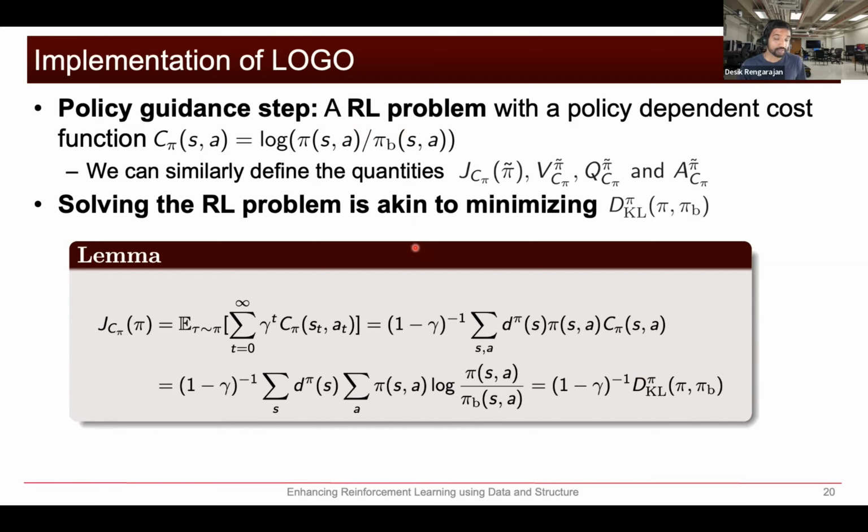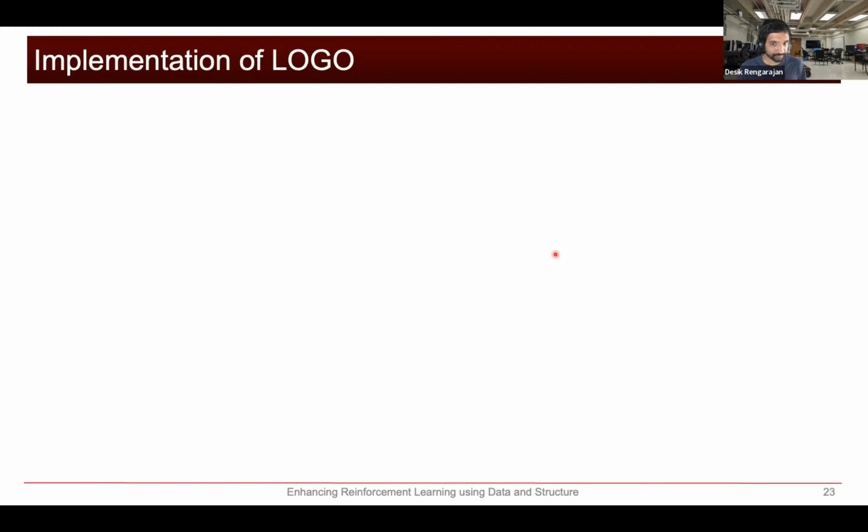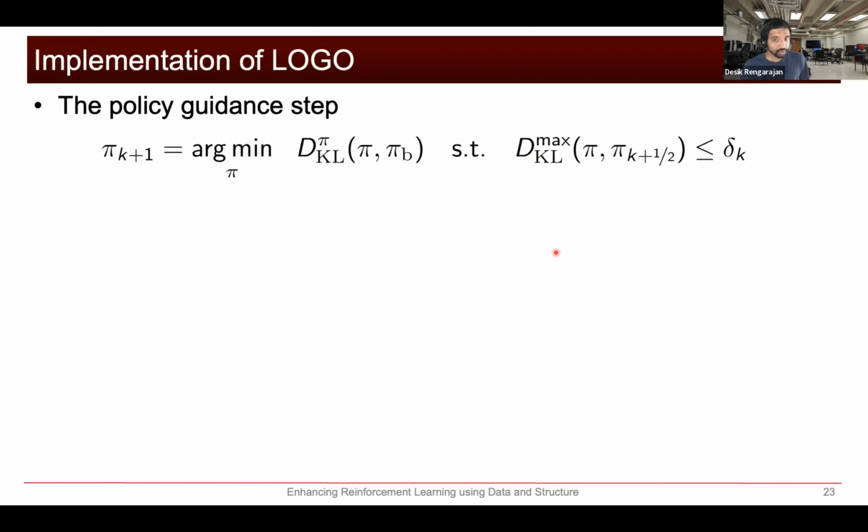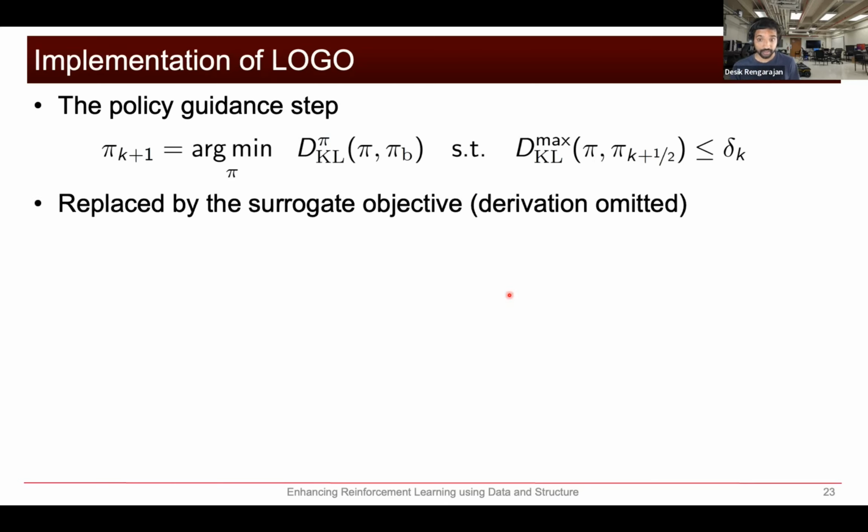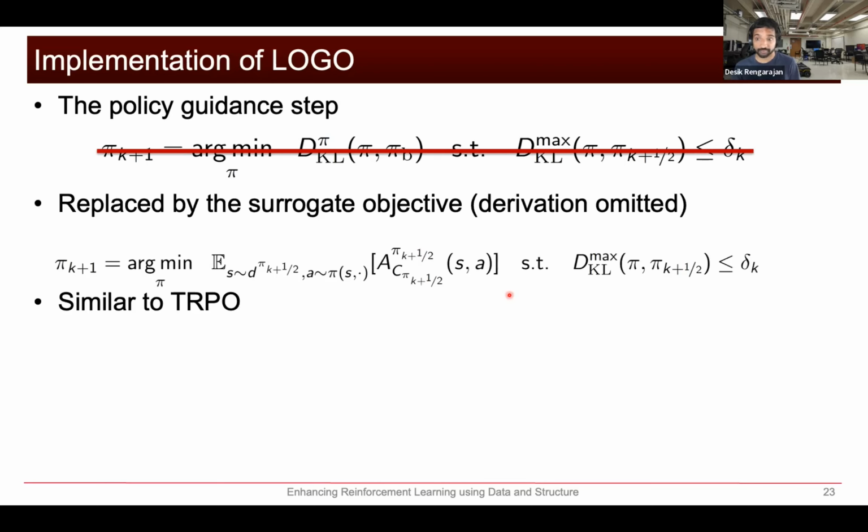There are certain challenges associated with defining this policy dependent cost function, but I'll come to those in a bit. So what do we have? We have the policy guidance step, which is defined as follows. And what we do is replace this policy guidance step using a surrogate objective.